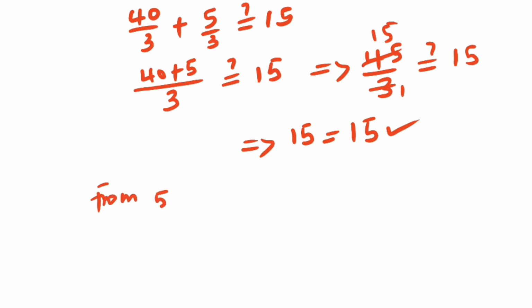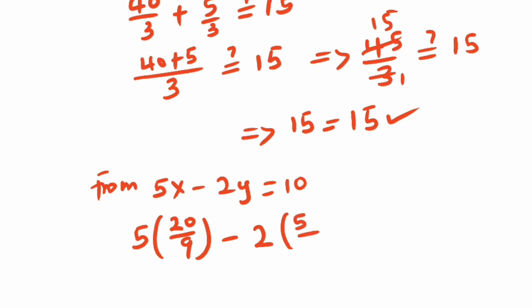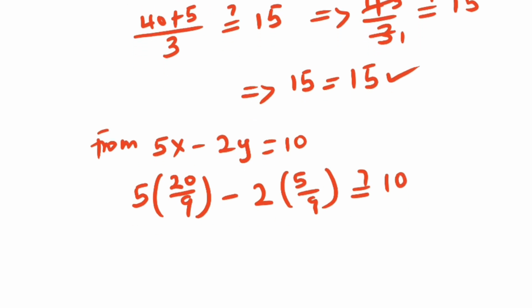From 5x minus 2y is equal to 10, we have 5 bracket 20 over 9 minus 2 bracket 5 over 9 must be equal to 10. Then 5 times 20, that is 100 over 9, minus 2 times 5, that is 10 over 9, must be equal to 10.